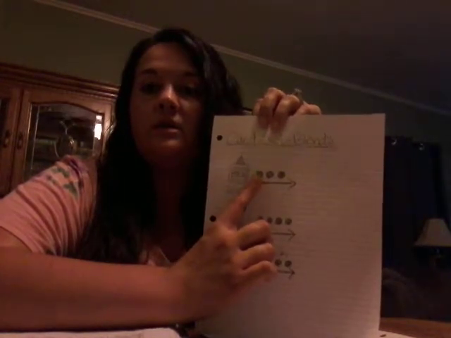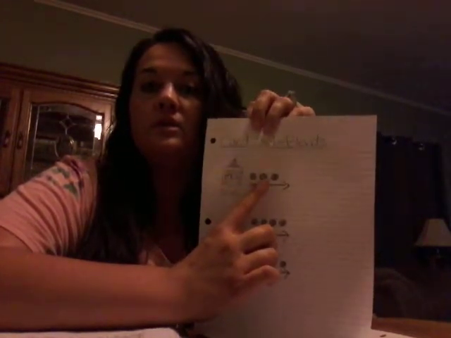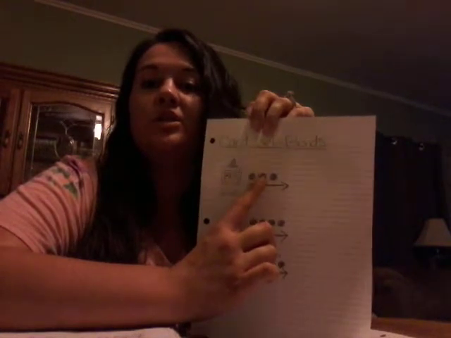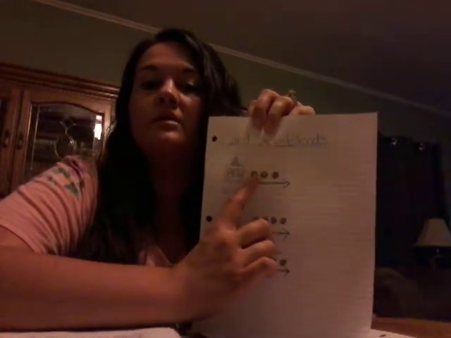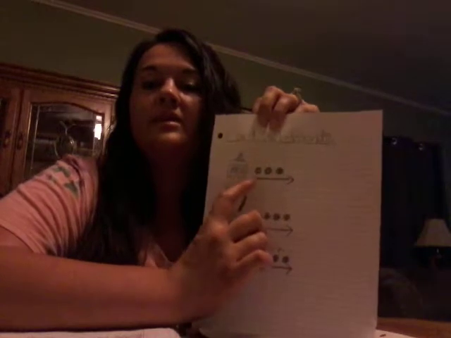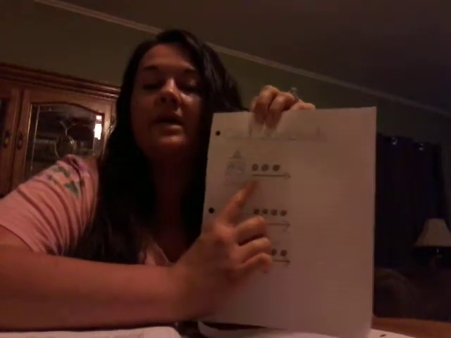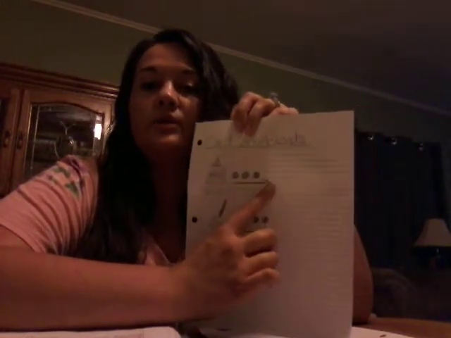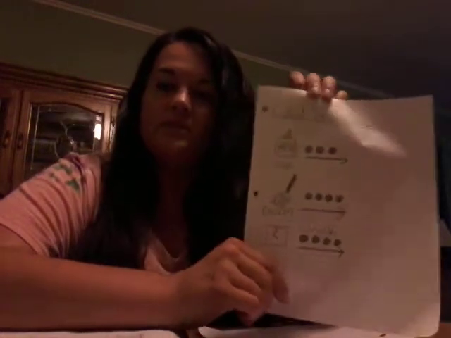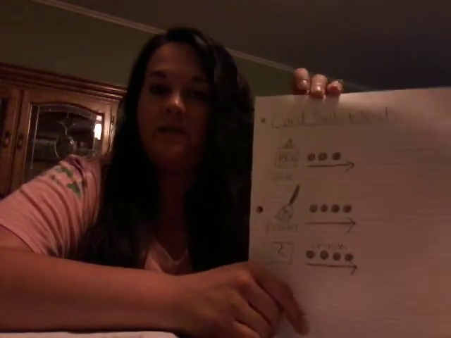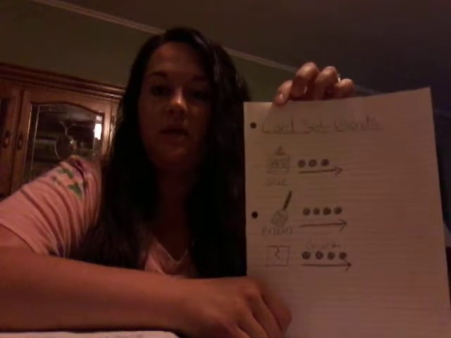So g, l, oo, glue. And then the arrow is for them to say it all at once. Glue. So students can do this. This would be a fun activity for them to do in pairs.